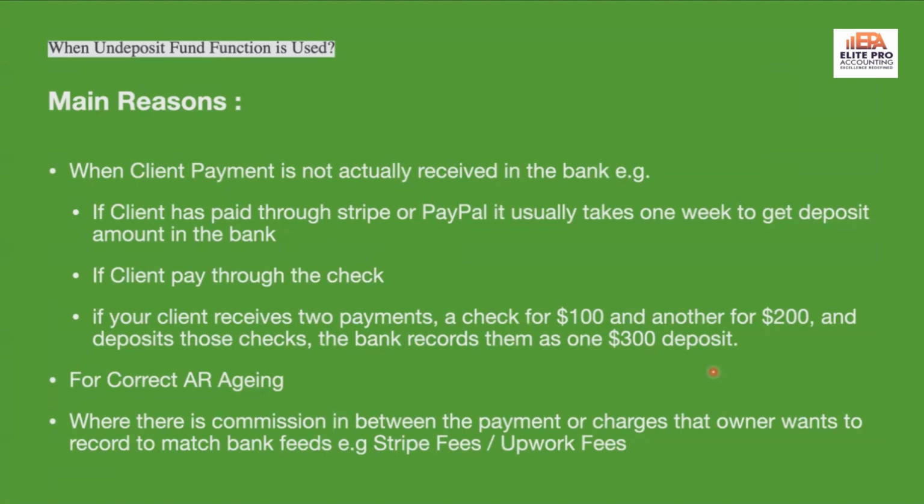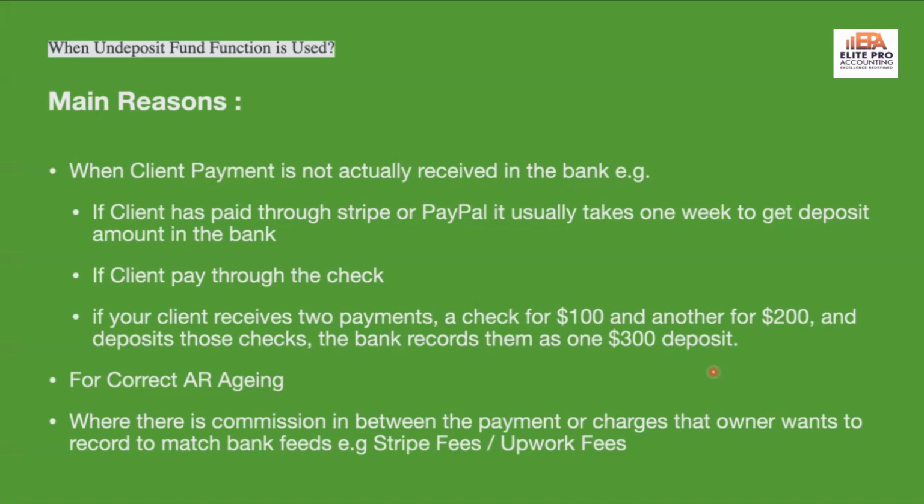Even when you are judging your reports, a better example is when you are making a cash flow report or going through your receivable report. In the aging, it will show that the invoice is open, but actually you have received that money, though it is not deposited into the bank.